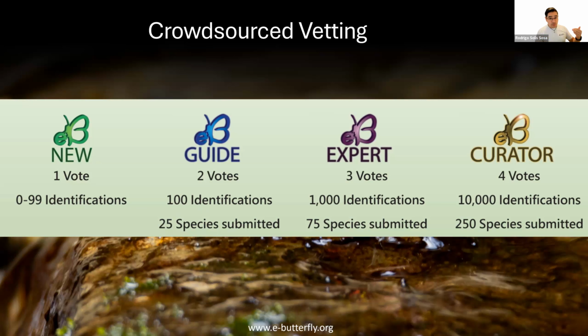once you cross the threshold, in this case of 100 identifications and 25 species submitted, you get promoted to the next level, which is guide, this blue badge here. That gives you 2 votes. And the same, you can be upgraded to expert if you have 1,000 identifications and 75 species submitted.